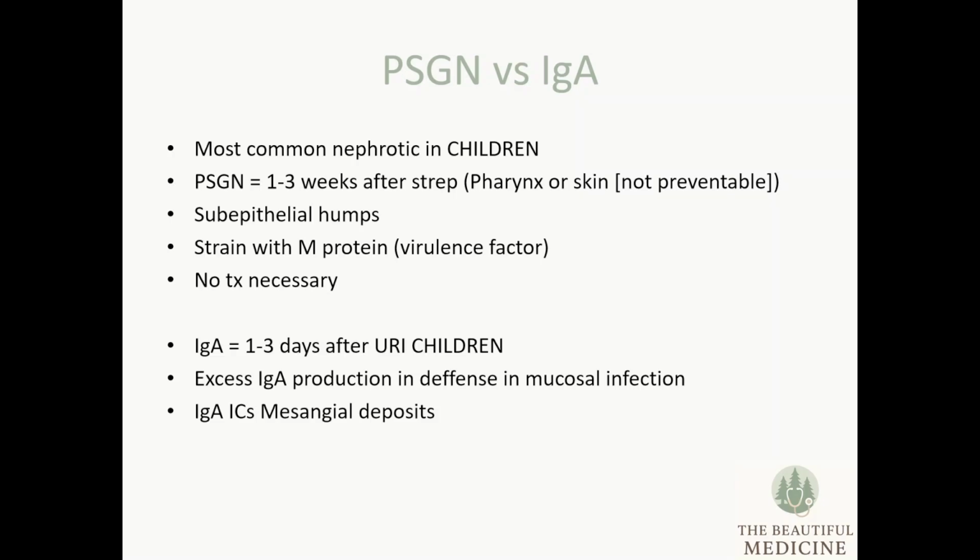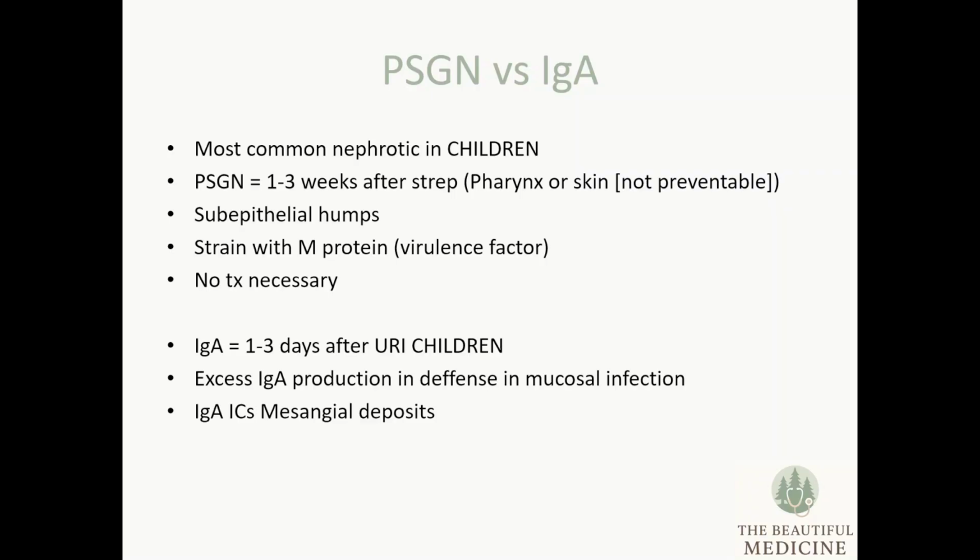And for IgA, it's a little bit different. It's post-viral most of the time. And the key difference is that it's 1 to 3 days, guys. So remember, post-viral, and 1 to 3 days, you have blood in your urine. Remember, nephritic is like blood in the urine.